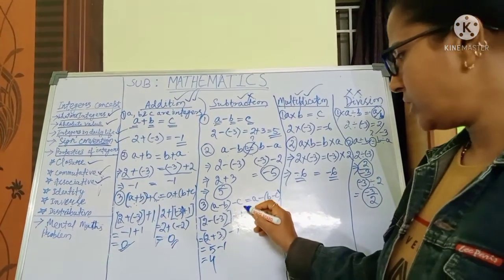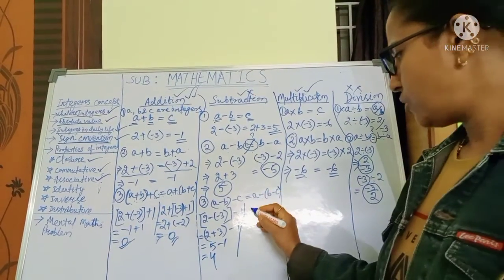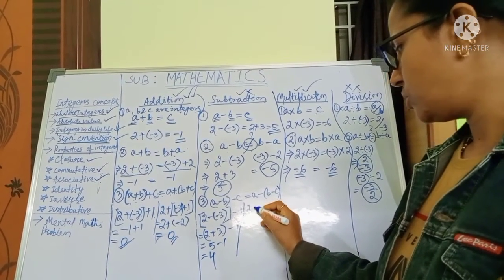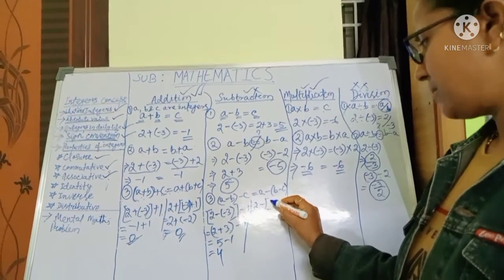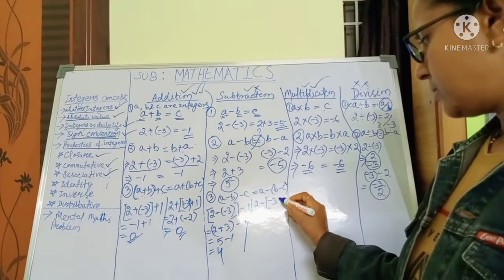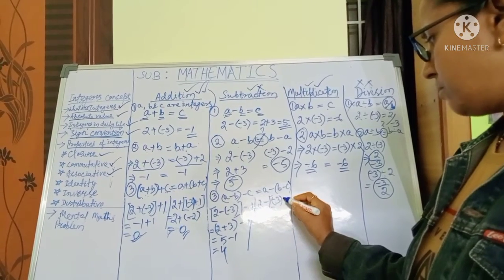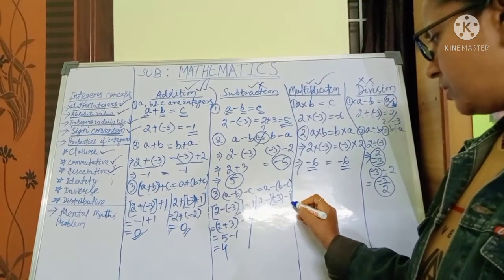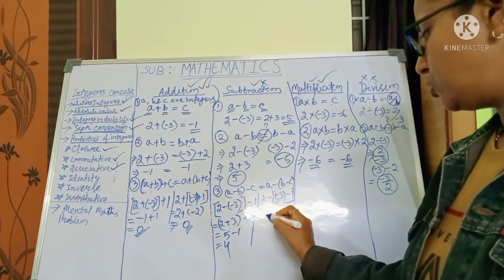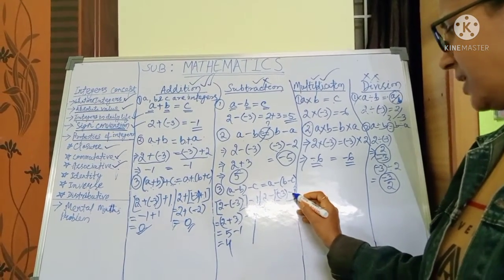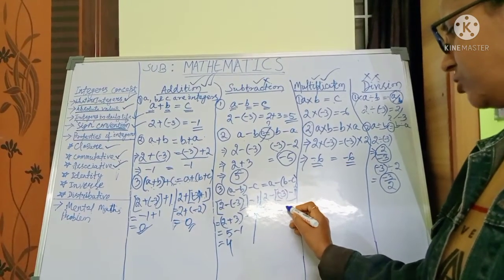So now in the right hand side, we will take A as 2 minus, inside the bracket, B value is minus 3 and minus 1. So it will be 2 minus minus 3 and minus 1, which is nothing but minus 4.